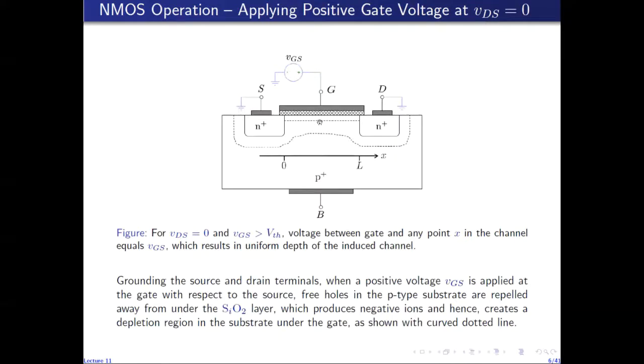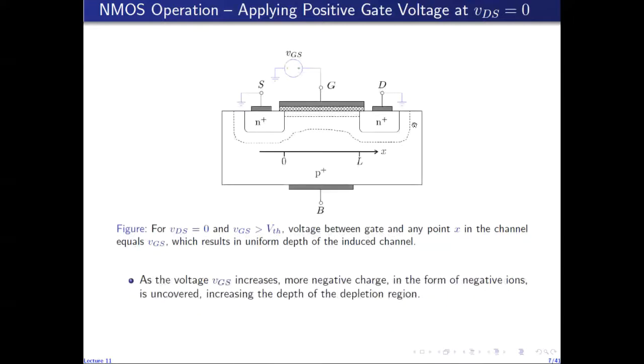The holes will be repelled downwards and away from this region, which will leave behind negatively charged ions. These negatively charged ions will constitute a depletion region in this area under the oxide layer. This depletion region is shown by this dotted curve in the diagram.